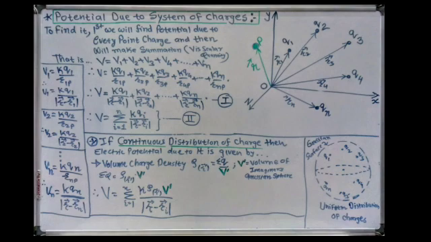So if a continuous distribution of charge is there, then the electric potential due to it is given as follows. Here we are taking the volume charge density. In the figure we have taken so many charges q1, q2, q3 up to qn. So this is the system of charges.